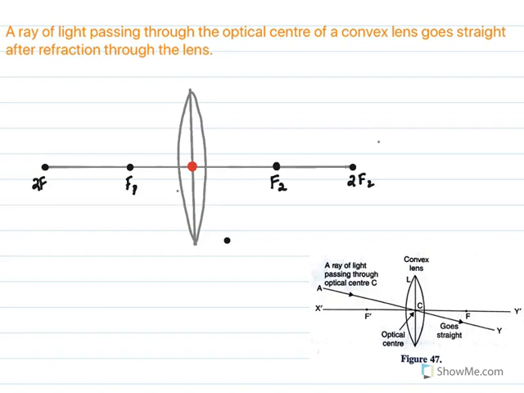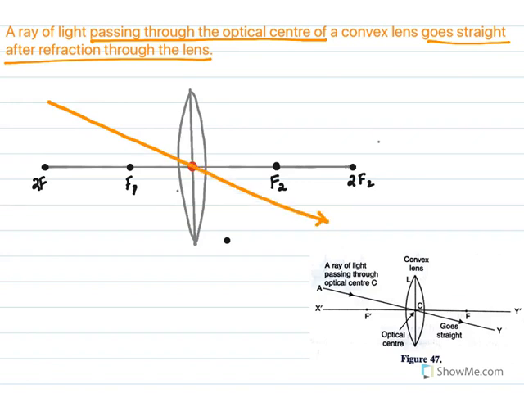Now next we are going to take a ray of light passing through the optical center, goes straight after refraction. So here the ray of light is passing through the optical center. Here it will go straight down undeviated.